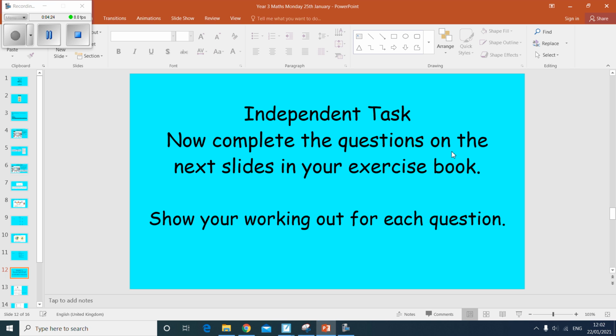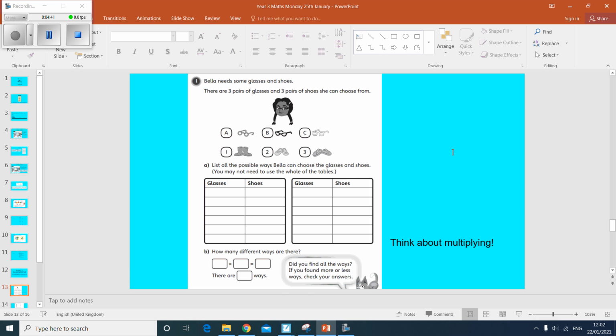Okay, we're moving on to the independent tasks now. So just remember the formula, the calculations that we need for the combinations, and the use of the chart or table to write them down. So pause each slide while you work out the question. So number 1, Bella needs some glasses and shoes, and we can see there are 3 pairs of glasses and 3 pairs of shoes that she can choose from.